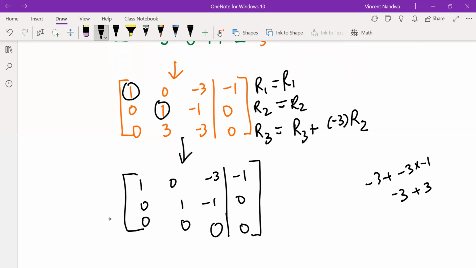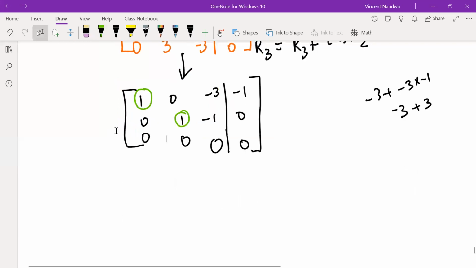So we find out that the last row is purely zeros. This is 1, this is 1, but everything here is 0. So this matrix is in row echelon form.